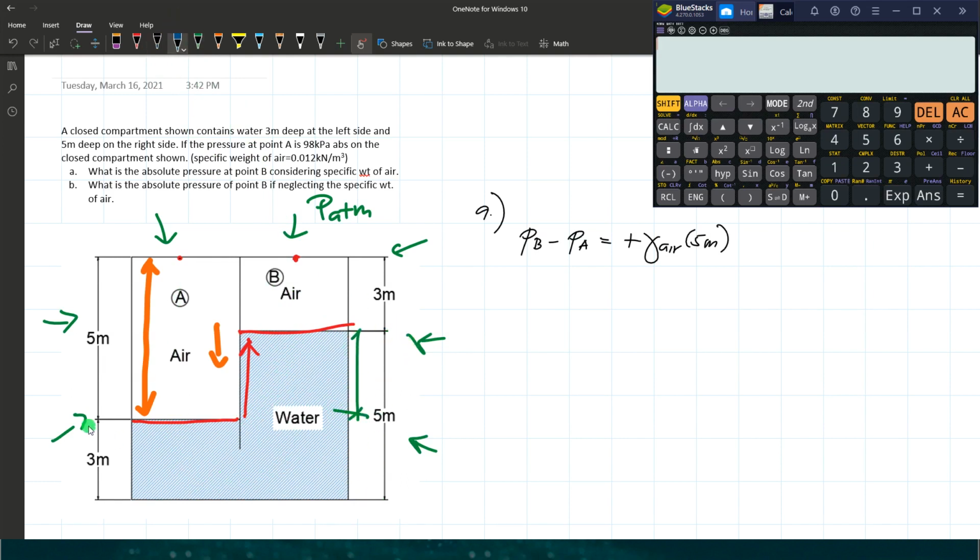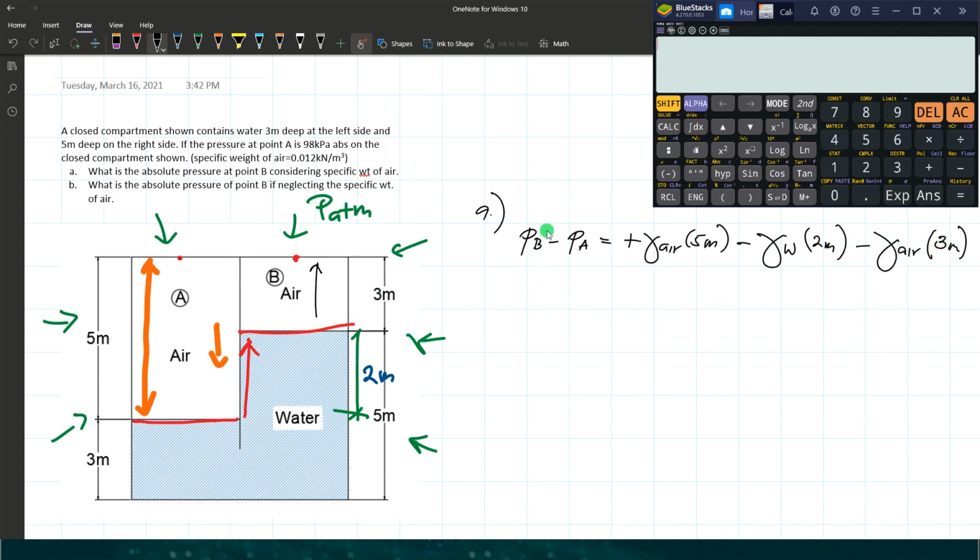We have 5 meters and 3 meters, just subtract them, we have 2 meters. The water is going upward, so that's negative unit weight of water times 2 meters. The last fluid is again air. From the interface between the water and the air going to point B, we have an upward direction and the distance is 3 meters. So negative unit weight of air times 3 meters.